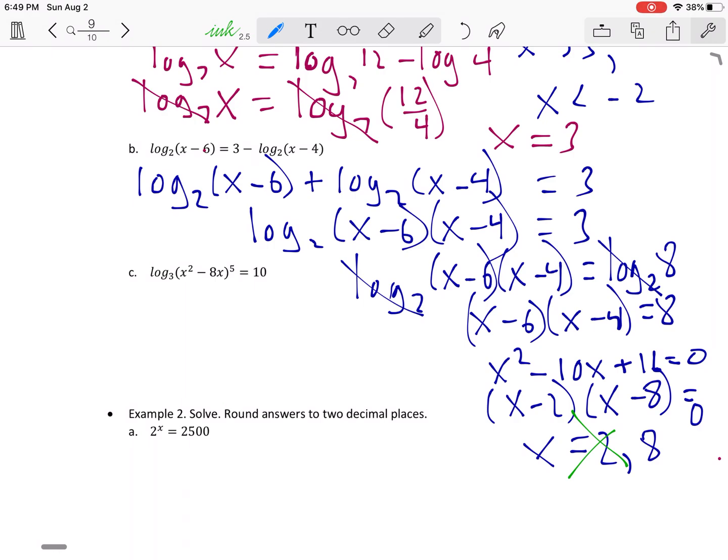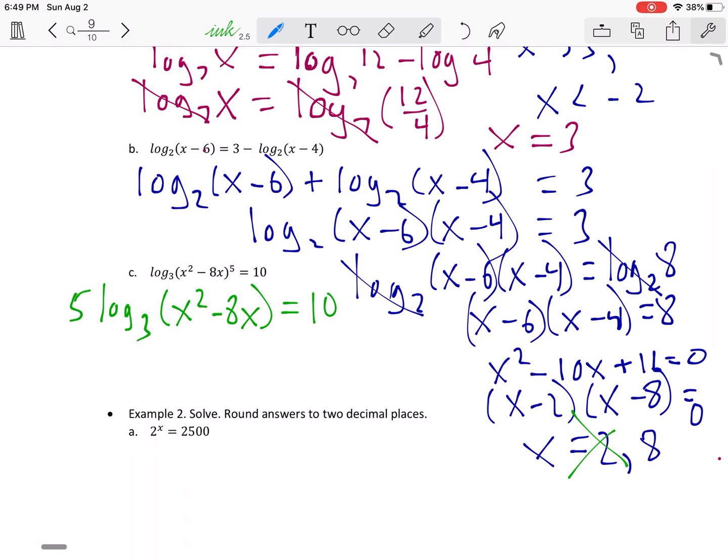And then the last one here. You see how we have it written to the 5th power, so we can bring that out front. And so we've got 5 times (x squared minus 8x) equal to 10. Same thing that we just finished doing for the previous one.